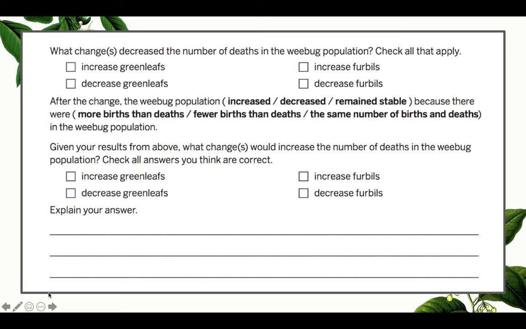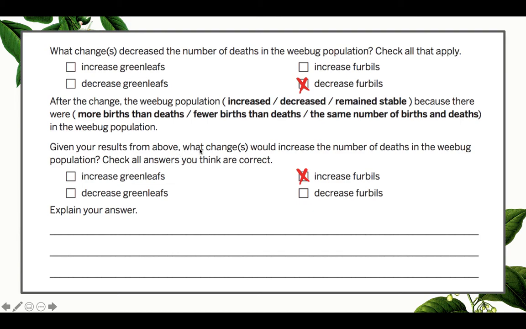Well, from our tests, we noticed that decreasing the furbal population decreased the number of deaths in the wee bug population. After the change, the wee bug population increased because there were more births than deaths in the wee bug population.